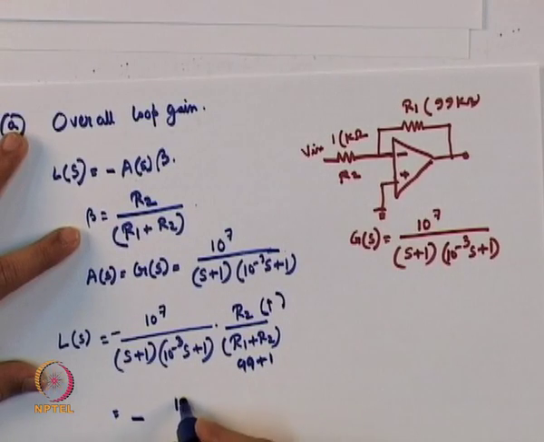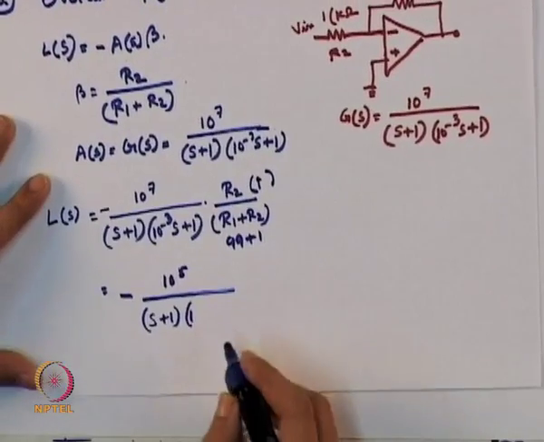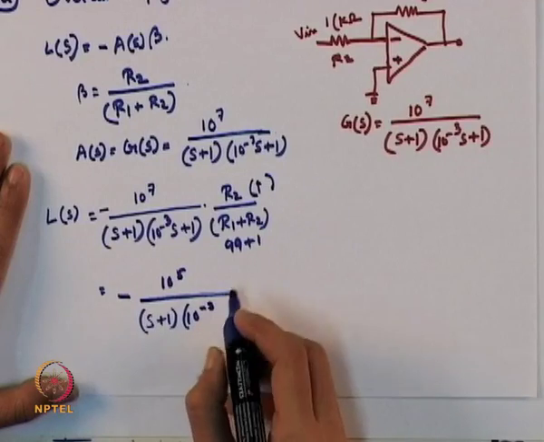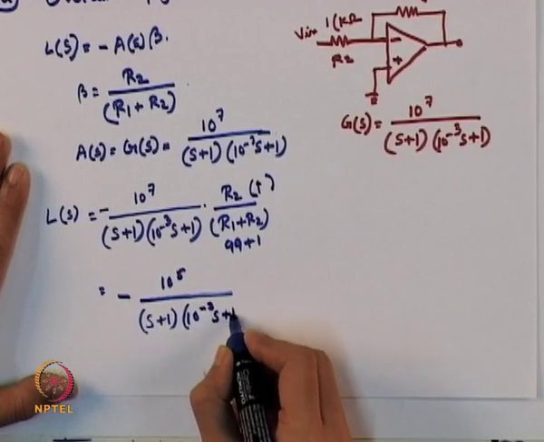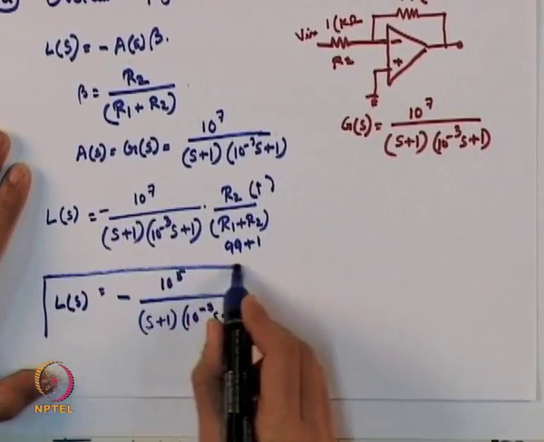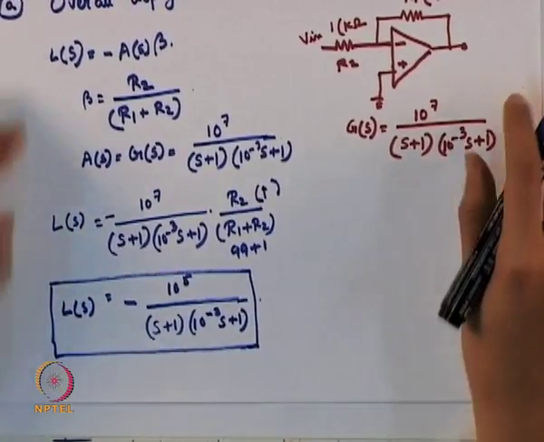So, it comes to 10 to the power 5 by (S plus 1)(10 to the power minus 3 S plus 1). So, this is our loop gain. We have to find out only As into beta.